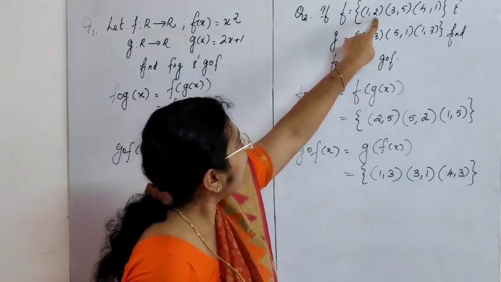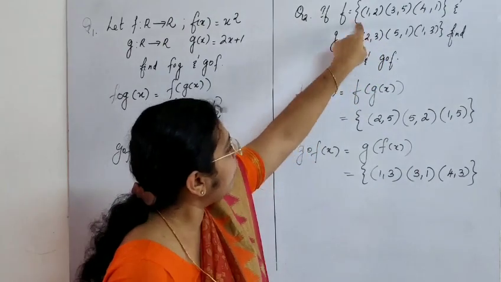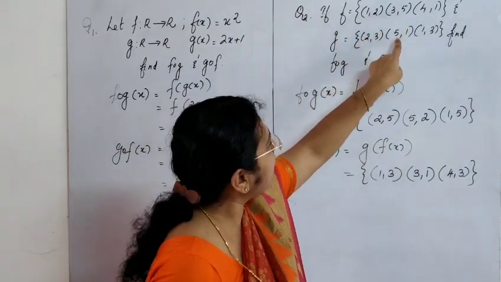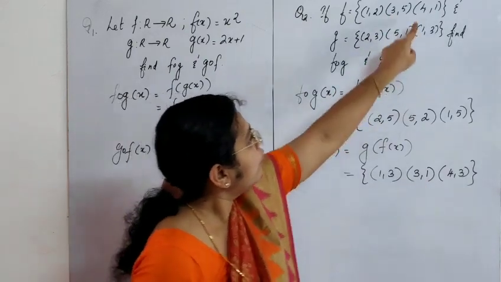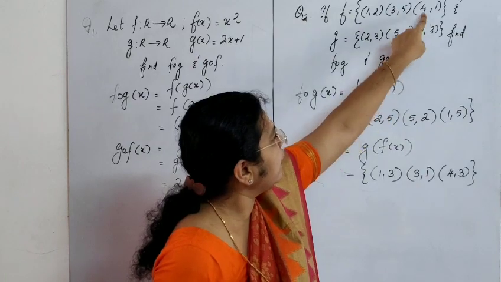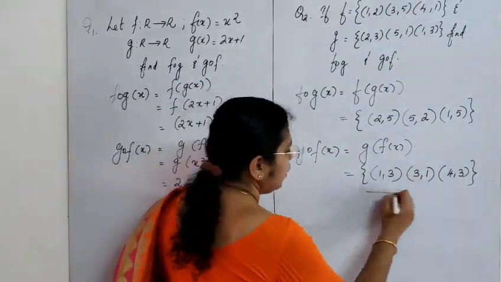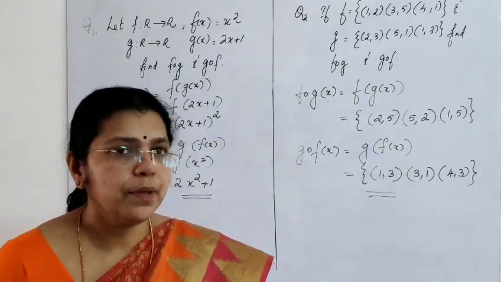Starting with f, (1, 2), then g takes 2 to 3. So (1, 3). Then starting with f, (3, 5), and 5 goes to 1. So (3, 1). That is the second element. Now (4, 1), and 1 goes to 3. So (4, 3). That is the third element. So this is g of f and this is f of g. Hope you understood.